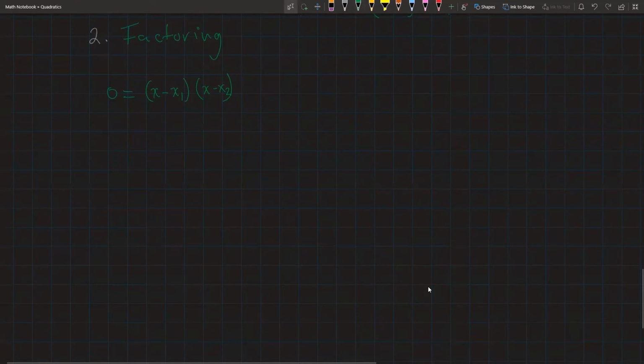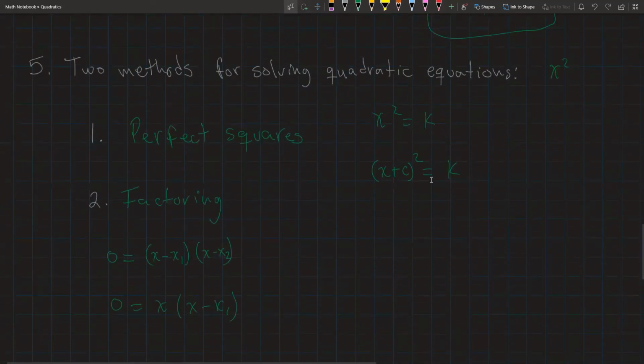And they can also look of the form something times something minus some x value. That's the main idea. If this is a little difficult to remember or understand, just remember that the two main methods that we use are by taking perfect squares or using square roots, and the other one is by factoring. All right, that's the end of this practice.